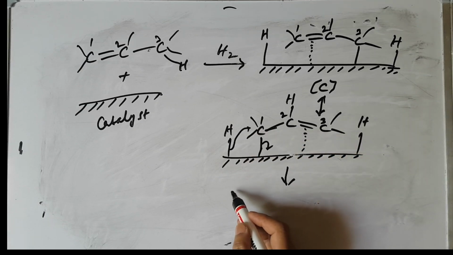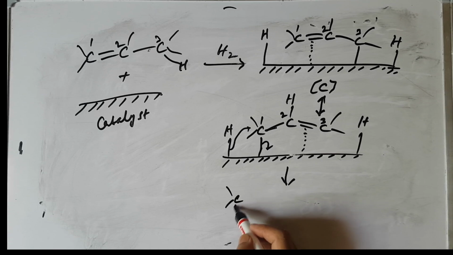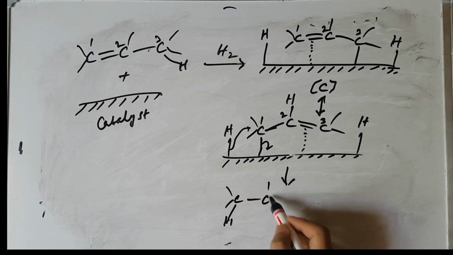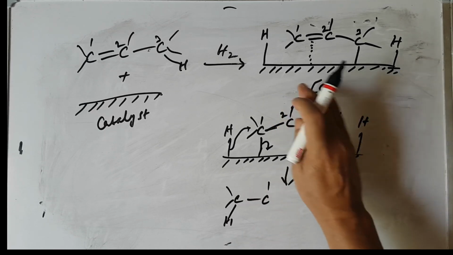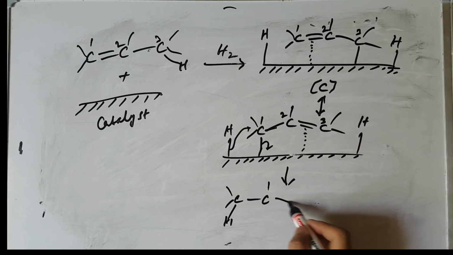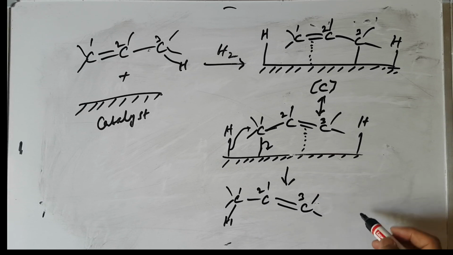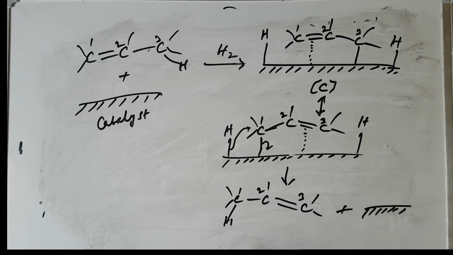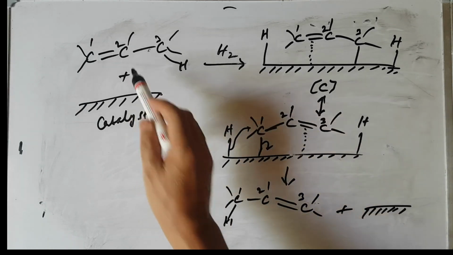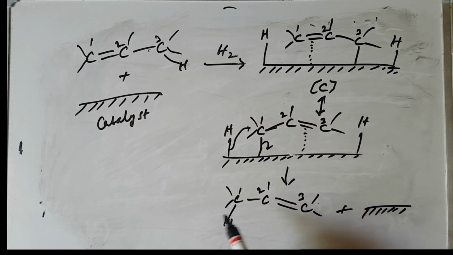So here C hydrogen and C hydrogen, and then the double bond C, 1, 2, 3, plus the free catalyst. What I want to say is that the product and the starting material are now in isomeric form.